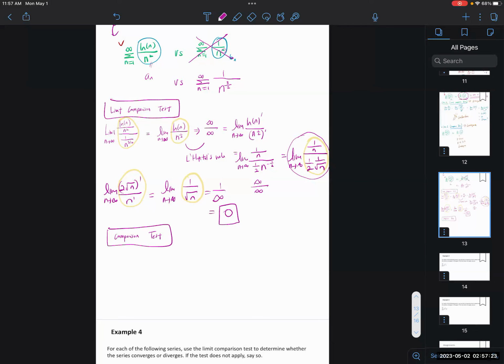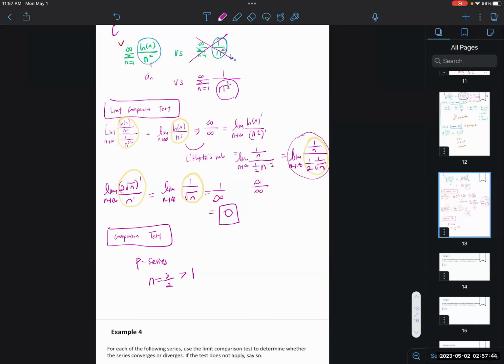So we do have the regular comparison test. It's simple, right? Because it's a p-series, we already know p is 3 over 2, which is greater than 1.